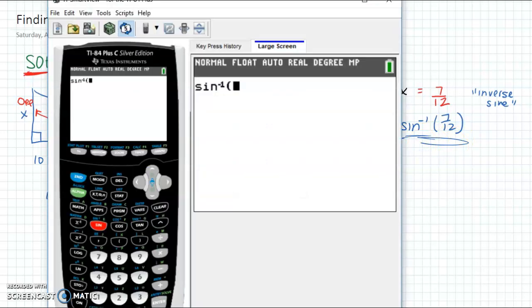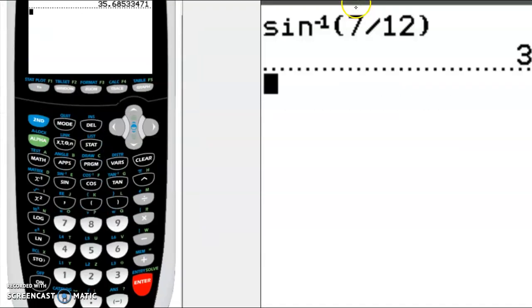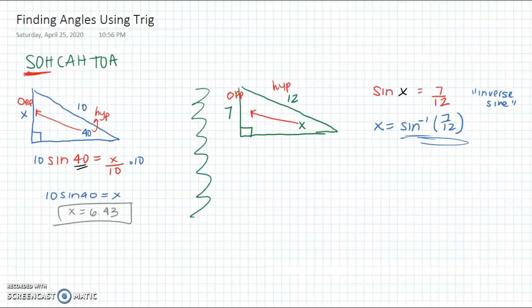So that's second sine, and then 7 divided by 12. And then you hit enter. And this tells you 35.69. This is 35.69 degrees. This is what that angle x measures.